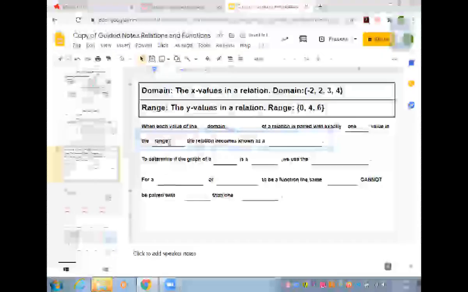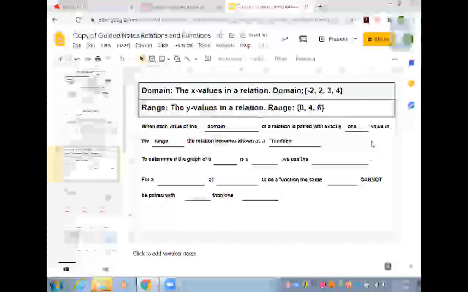So one domain goes to one range, then that relation is known as a function. Each value of the domain is paired with exactly one value in the range. The relation is known as a function.